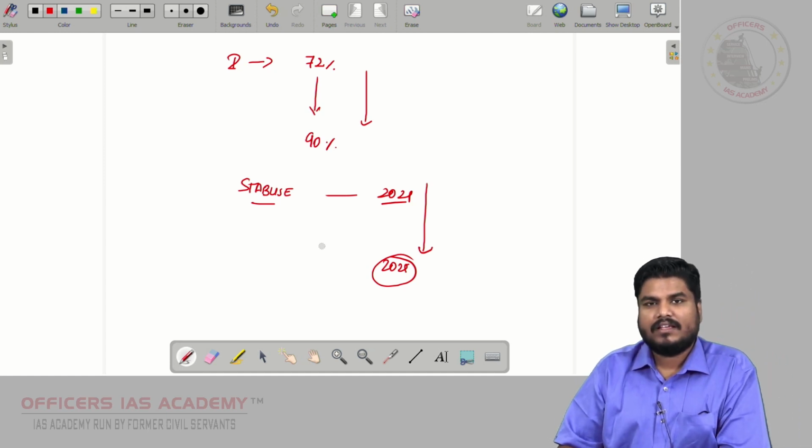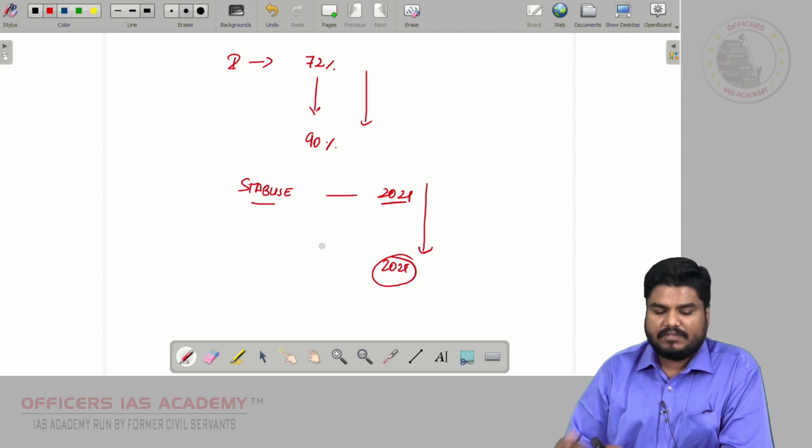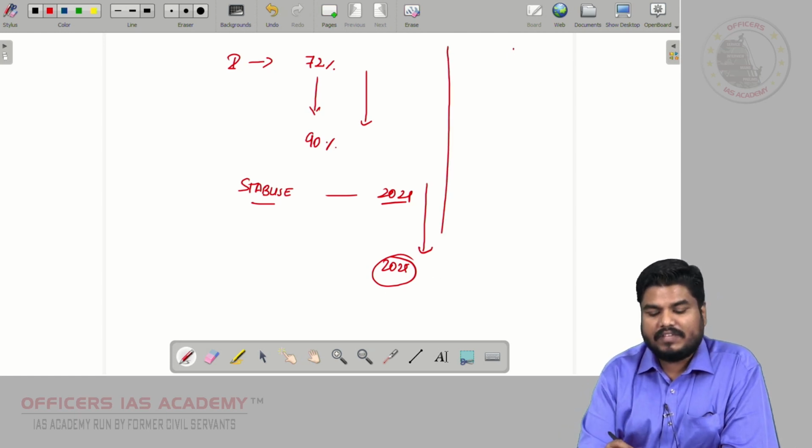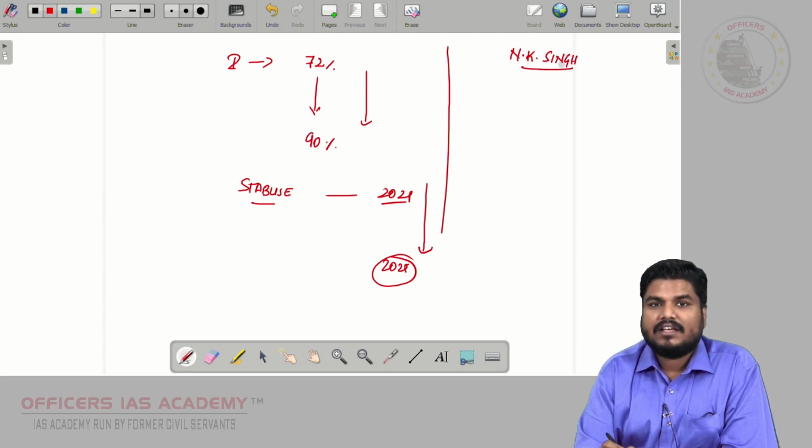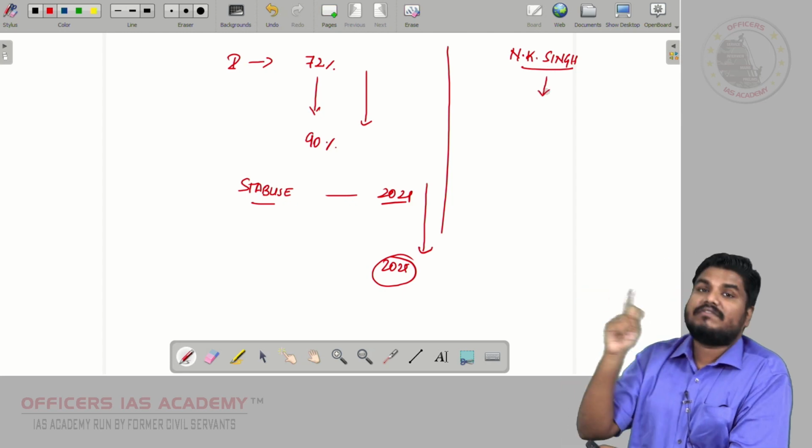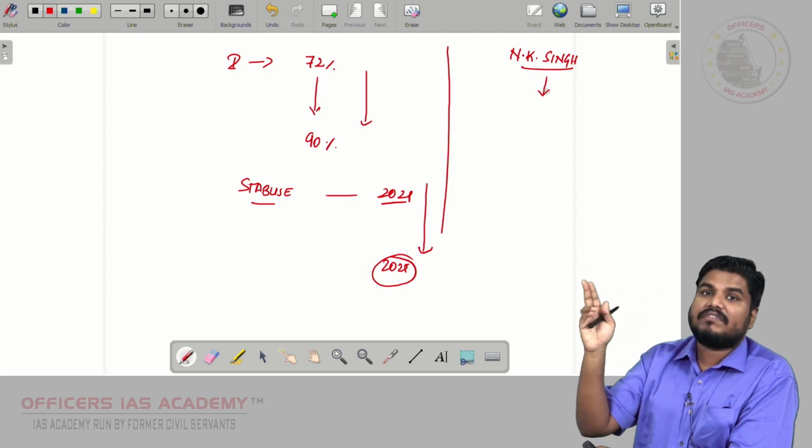When we talk about public debt, we should also know the recommendation of the N.K. Singh committee. The N.K. Singh committee was appointed to review the FRBM targets. NK Singh was saying that we are targeting fiscal deficit, we are targeting revenue deficit.